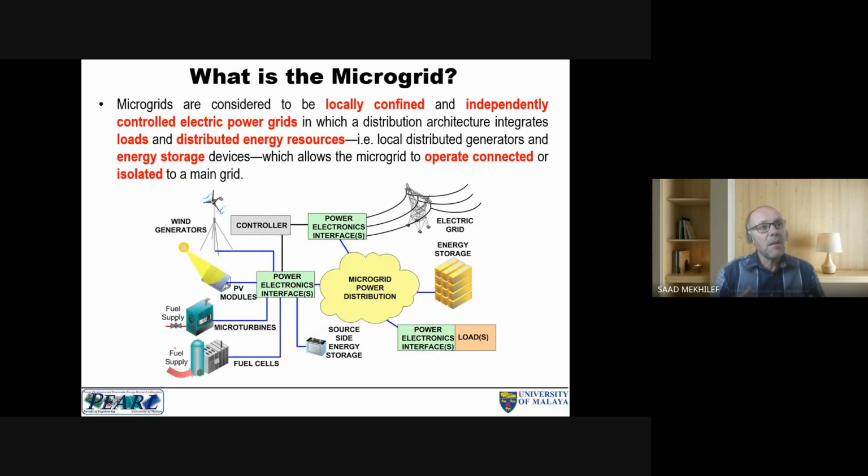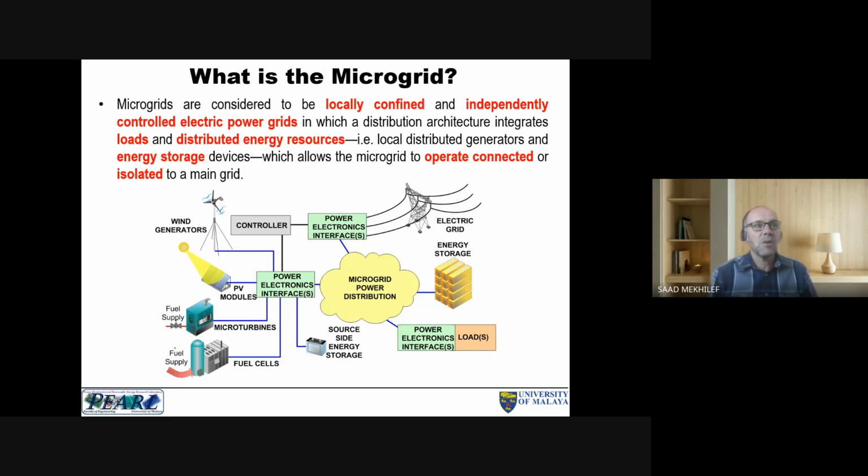Okay, microgrid is considered as a locally confined and independently controlled electric power system. So it's a small network which is locally controlled. Okay, it means you can control it, you can turn it on, turn it off, you can add sources to it.